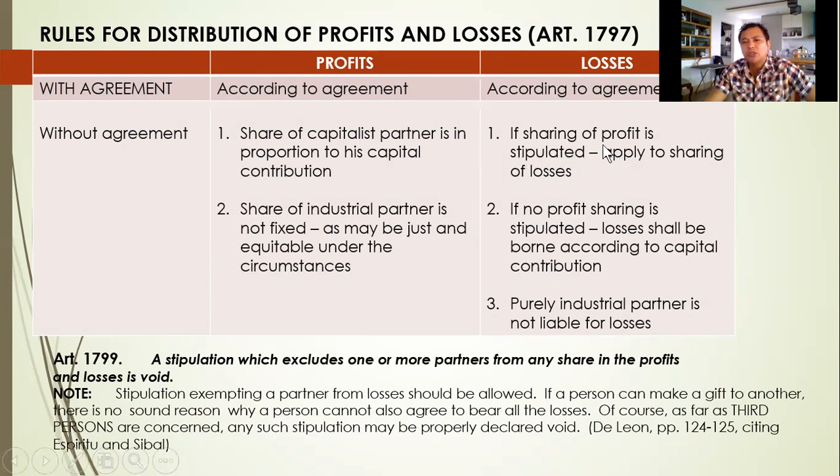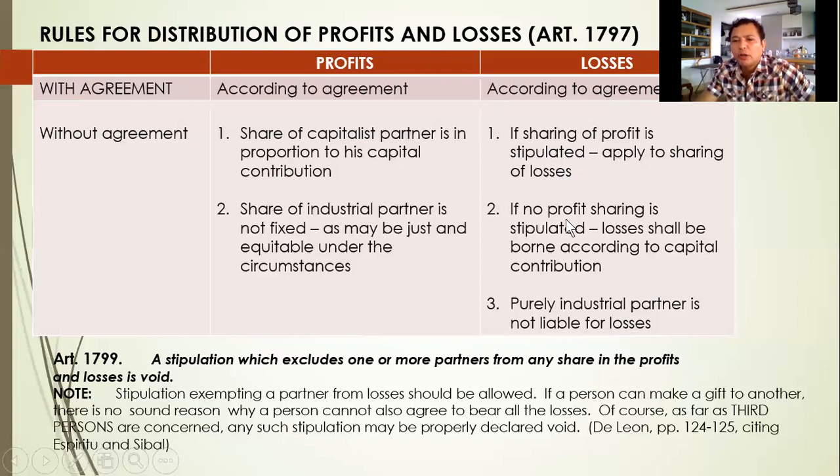If there is agreed sharing of profit, then the losses will also be shared in accordance with that sharing of profits. Okay, this is number one. Losses, okay, this is the same as this one, according to agreement. So if sharing of profit is stipulated according to agreement, so number one here.